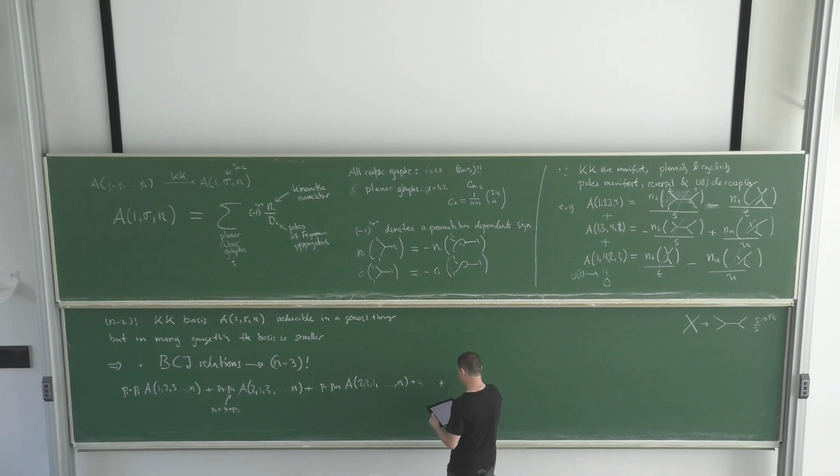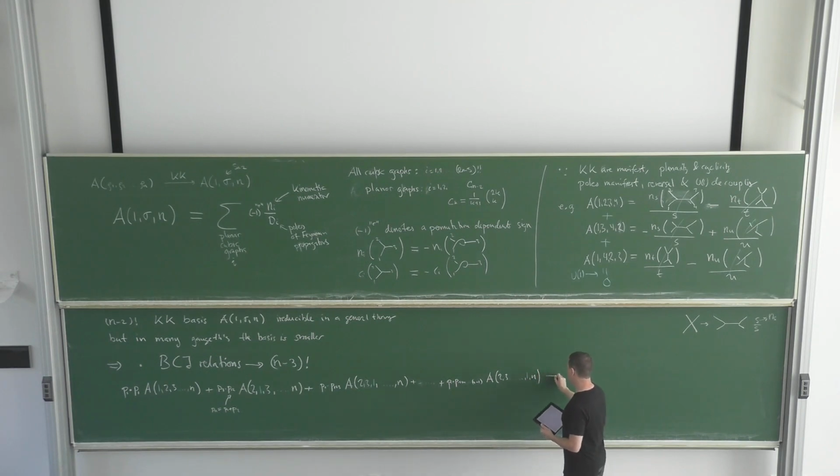And then the last term is going to be P1 dot P1,2,3,4 up to n-1. Well, if I sum over all of them, I get 0. So let me pick this one to be the last one, A(2,3,...,1,n). So this sum here is 0.